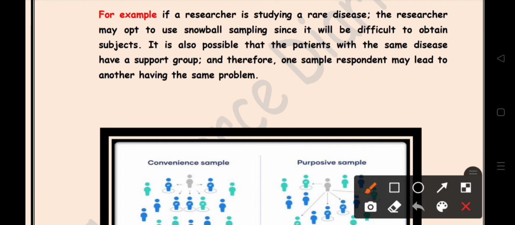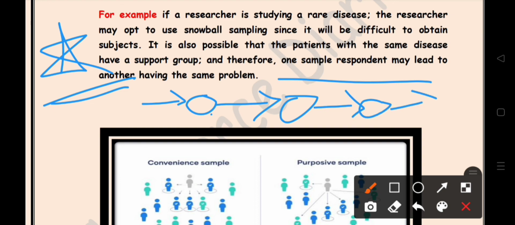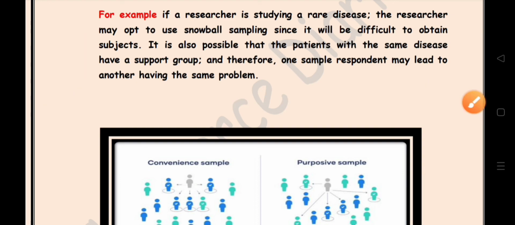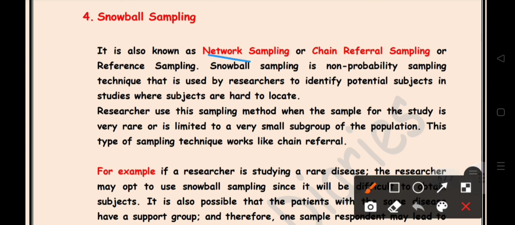As I have told you, in cases like major diseases such as polio and corona, the researcher will first take information about one particular respondent, and through that respondent he may reach the next, and this chain will go on and on.